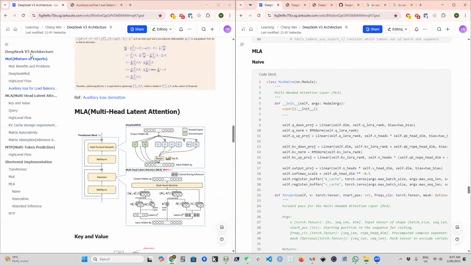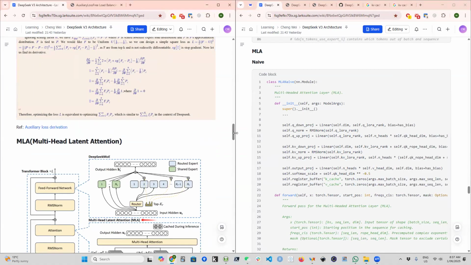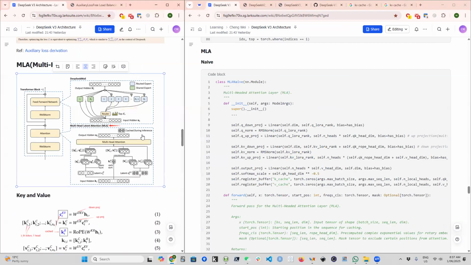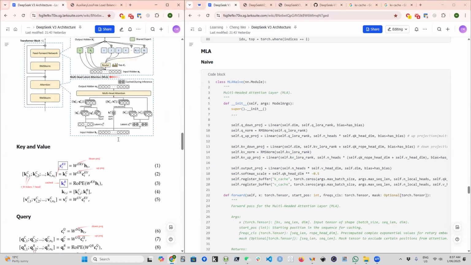The naive one is very simple. The source code and the diagram are a one-to-one mapping. We have the down projection matrix and the up projection matrix for Q, and the same for KV, we have down and up projection matrices.